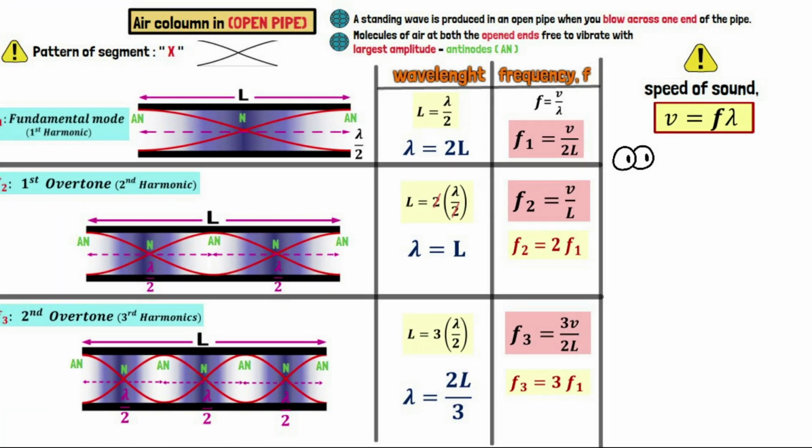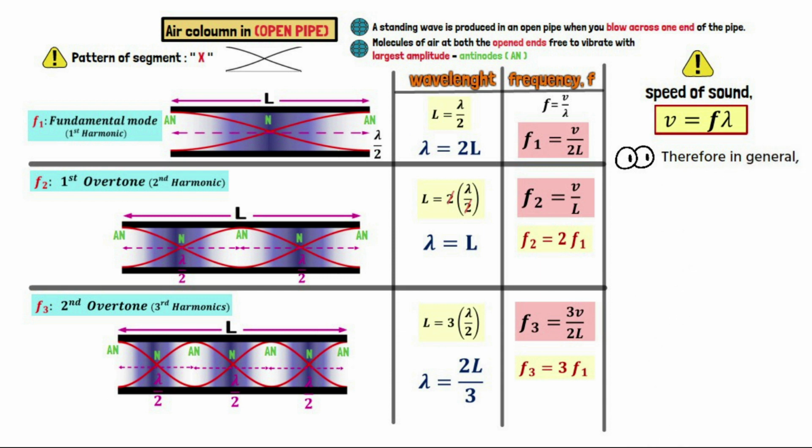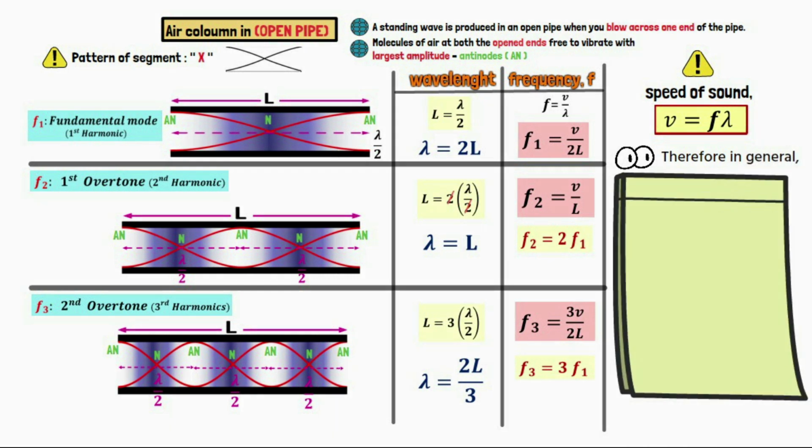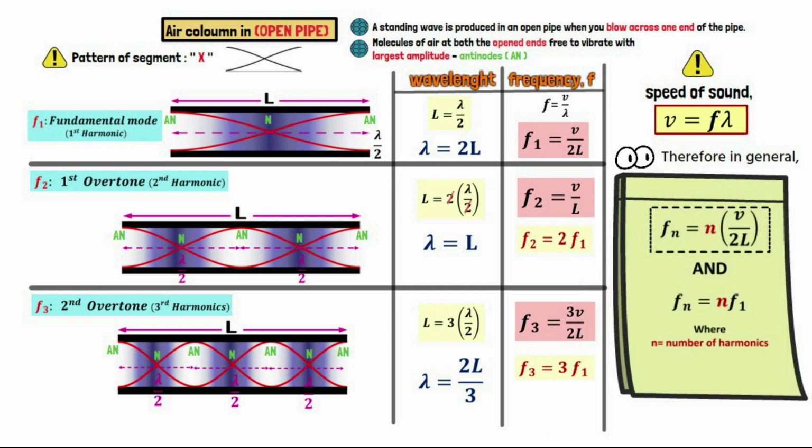Dan akhir sekali, kita perlu tahu, okay, in general, we can write that the equation of the frequency for standing wave in open pipe, Fn, is equal to nV over 2L, di mana equation ini sama seperti equation untuk stretch string.